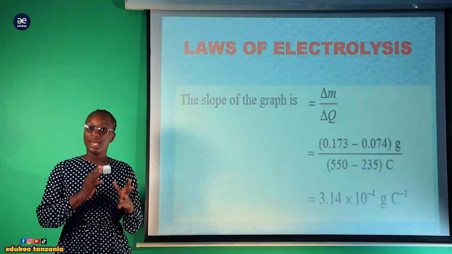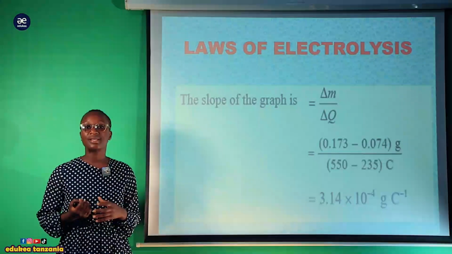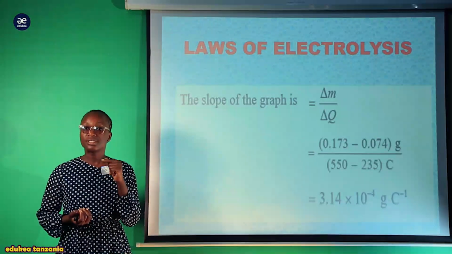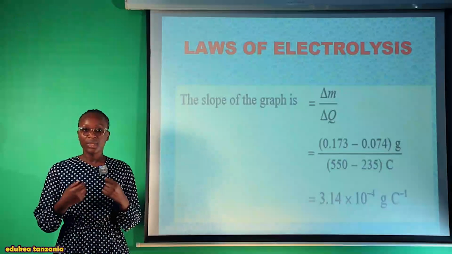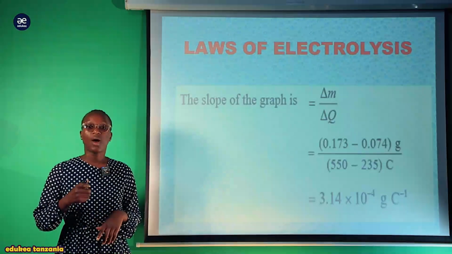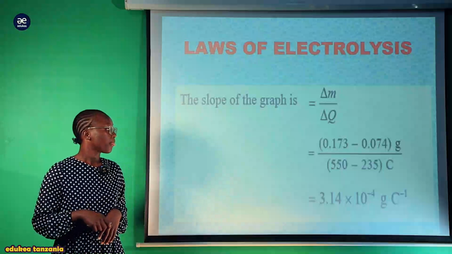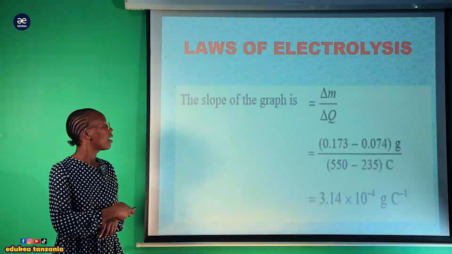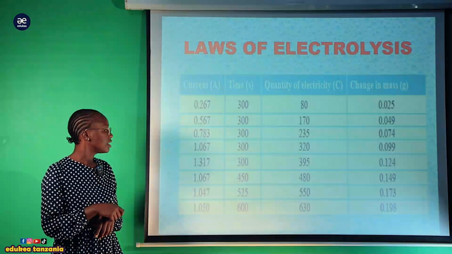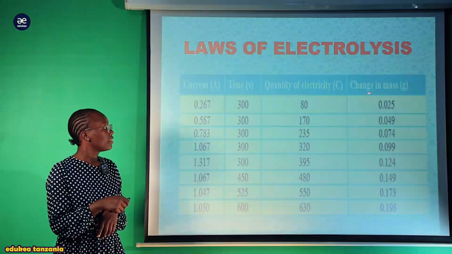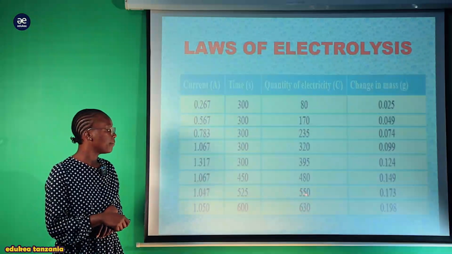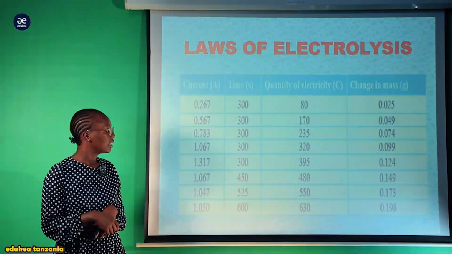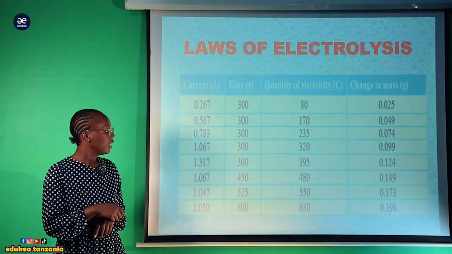We take the large quantity minus the small quantity of electricity, and there we get the exact value of our quantity of electricity. So from our data here, we consider the large mass and large quantity, where here we have 250, you can take even this one 320, it depends.